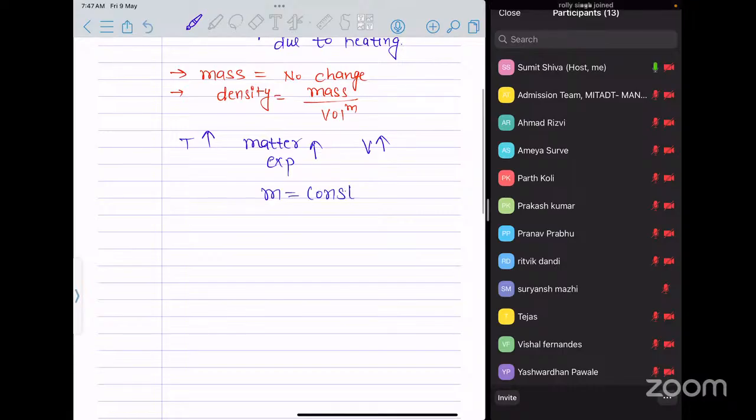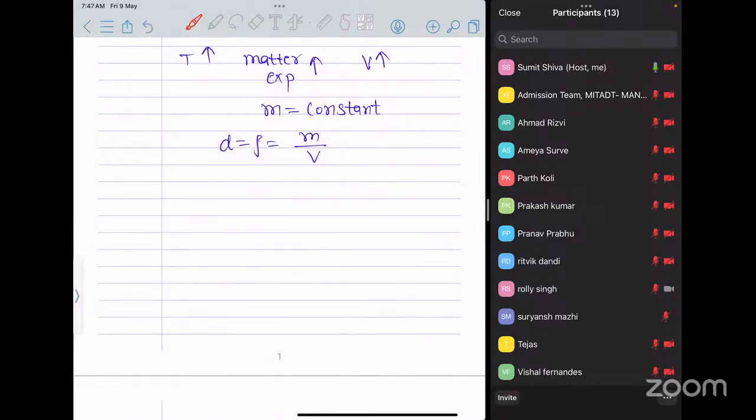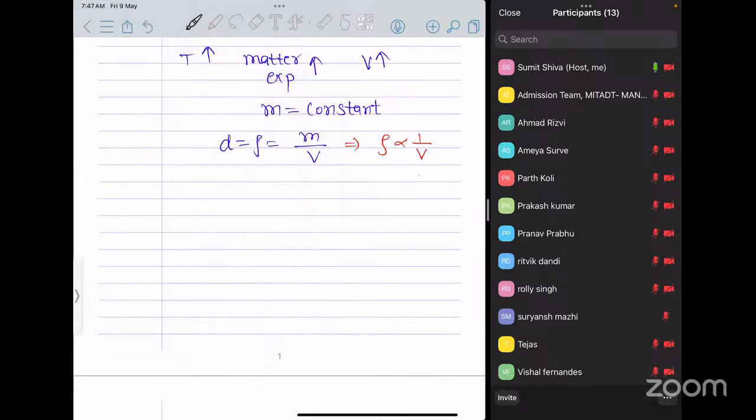So this clearly indicates that density, d or rho, which is given by mass by volume, will definitely change, because mass is not changing but volume is changing. And from this formula, density is inversely related with volume, which states that if volume is increasing, density will decrease.